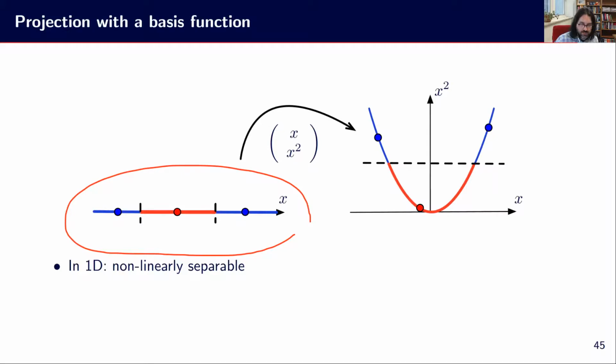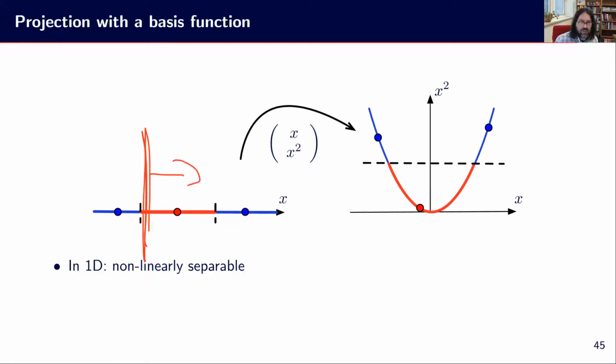We have this sample from the red class, and these 2 samples from the blue class. A linear model in 1D means using 1 threshold. We just cut here: on one side it is one class, on the other side it is another class.